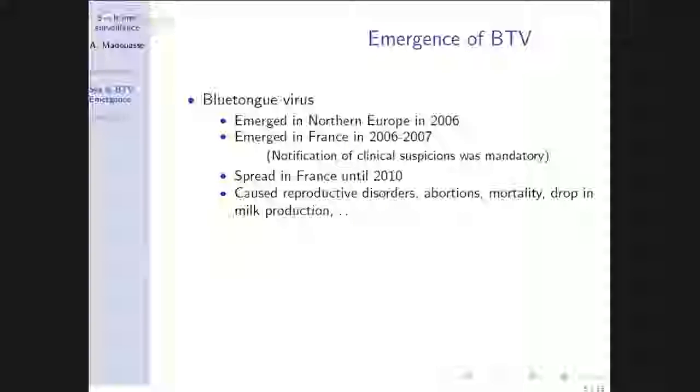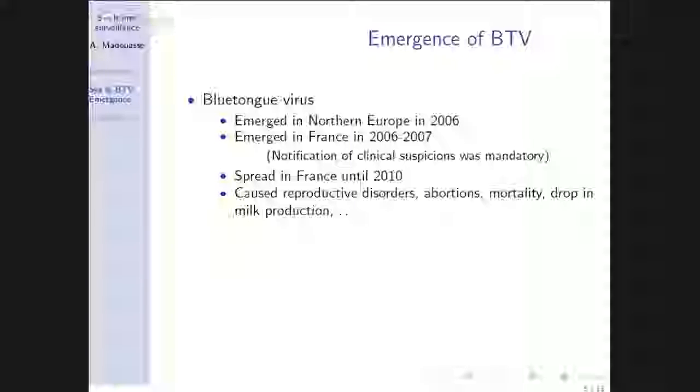We had a few cases in France in 2006, but the disease really emerged in 2007. The notification of clinical suspicions was mandatory, so we had very complete data, and we could follow the disease progressing in France over the course of the emergence, and it spread in France until 2010 or 2011.